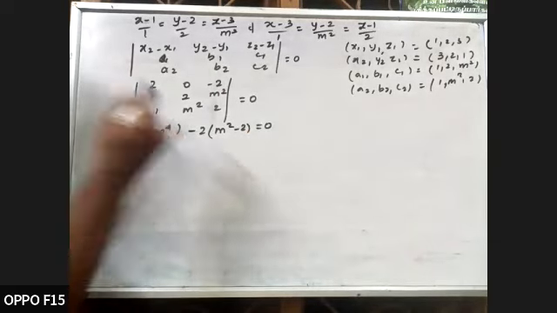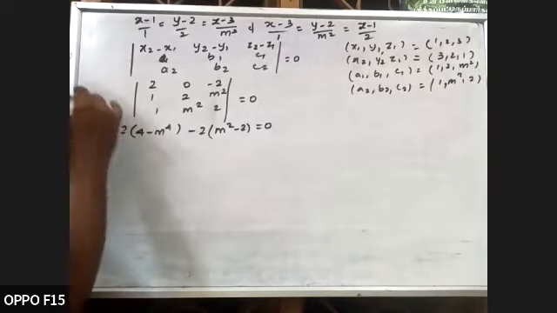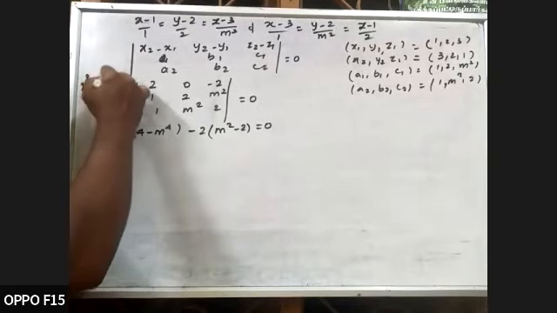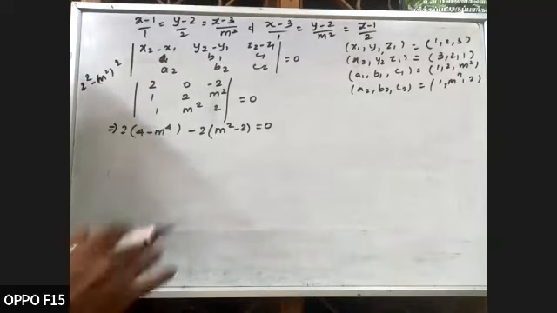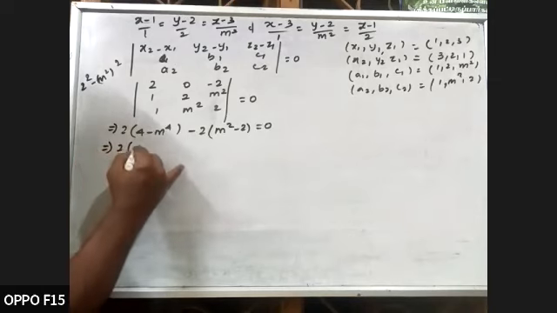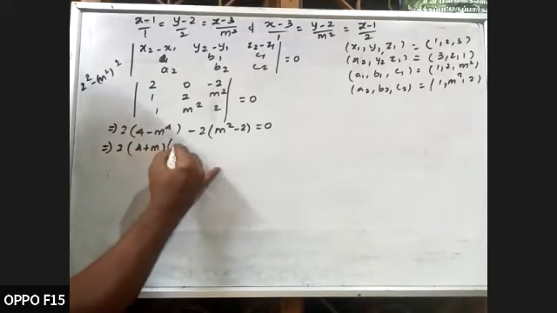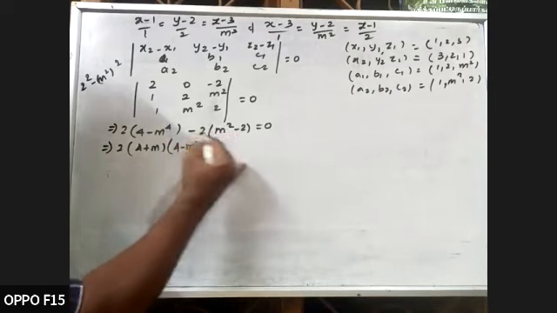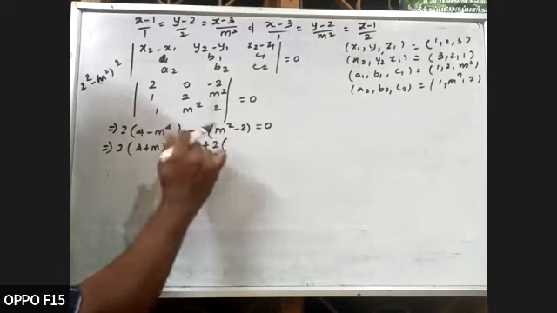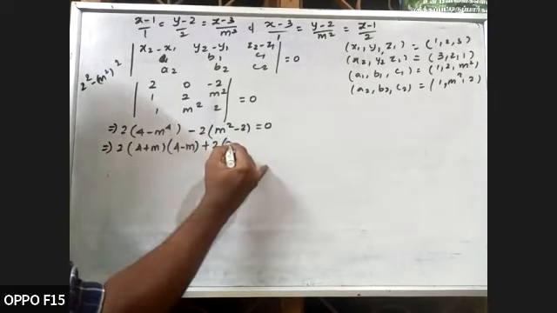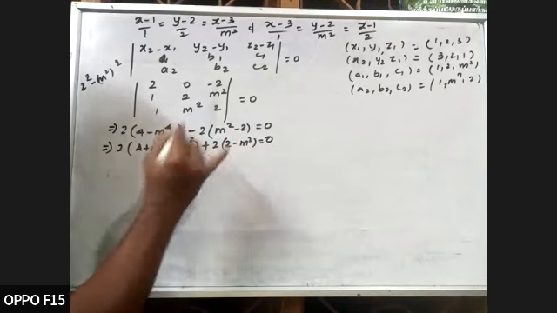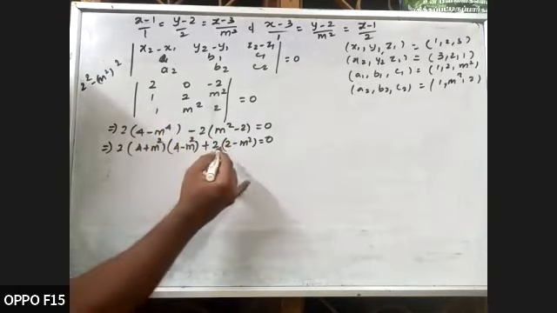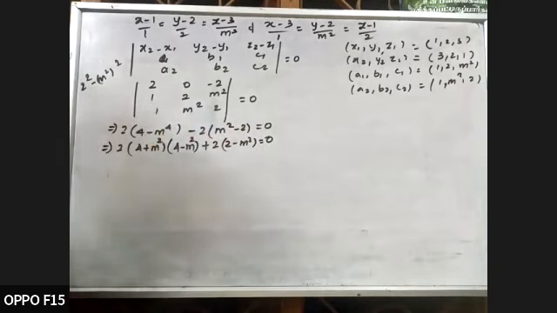So 4 minus m power 4 can be written as 2 square minus m square the whole square, using a square minus b square equals a plus b into a minus b. So it is 2 plus m square into 2 minus m square, plus the remaining term with 2 minus m square.